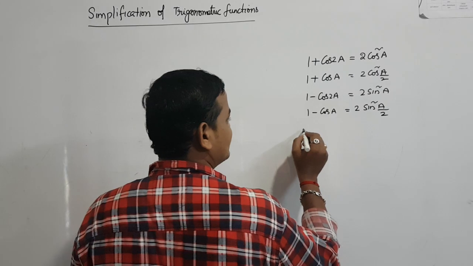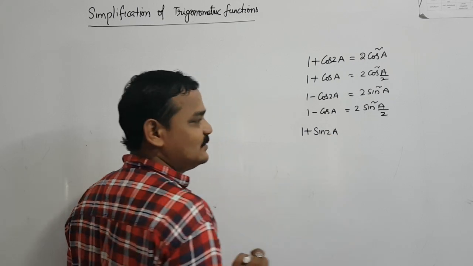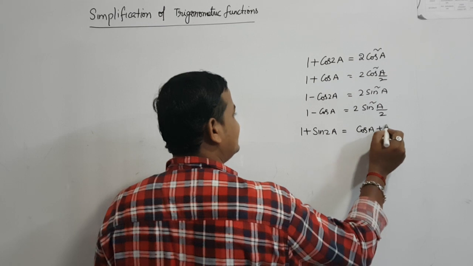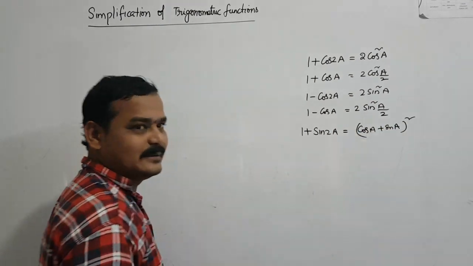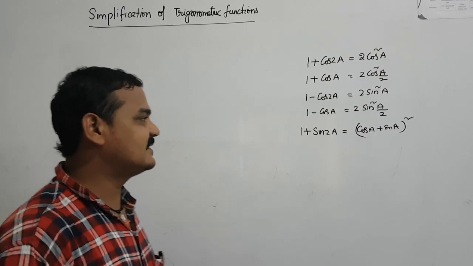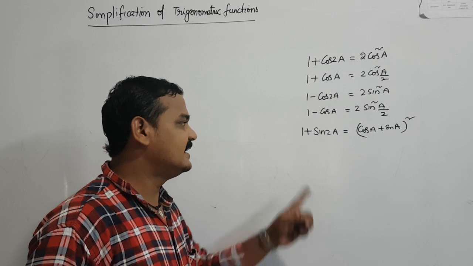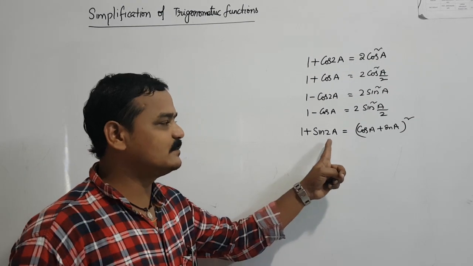After that, 1 plus sin 2A is the formula of cos A plus sin A whole square. How do we get it? 1 can be written as cos square A plus sin square A, and sin 2A can be written as 2 sin A cos A. Then it converts into the formula a square plus b square plus 2ab.